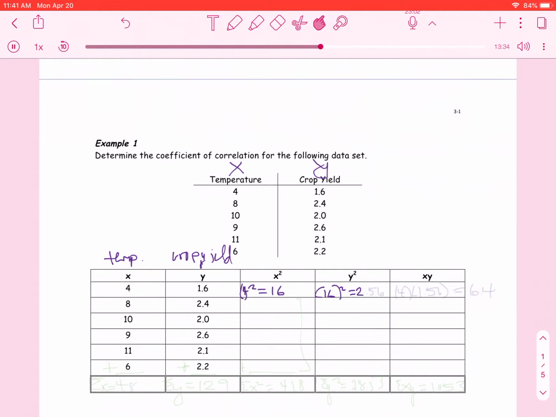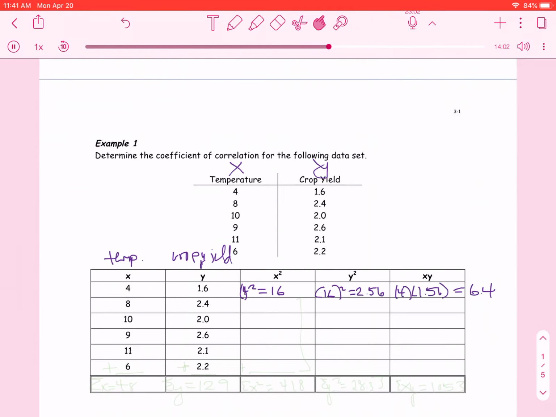And then you would find the product of multiplying 4 times 1.6, and you would get 6.4.